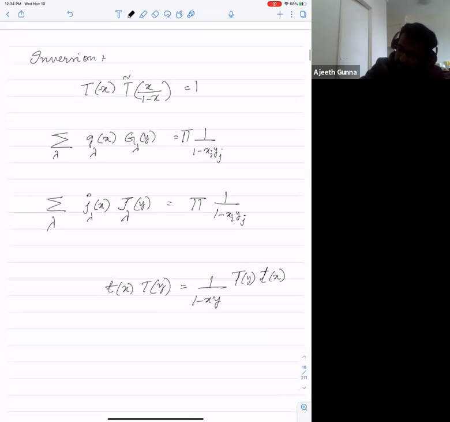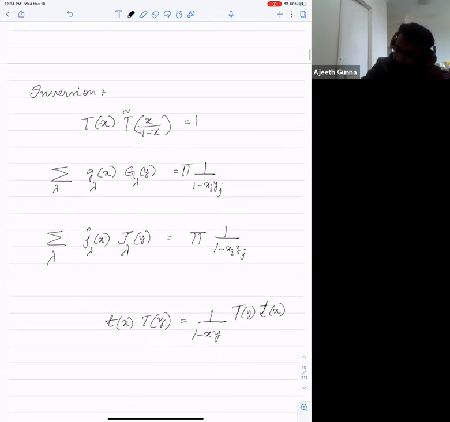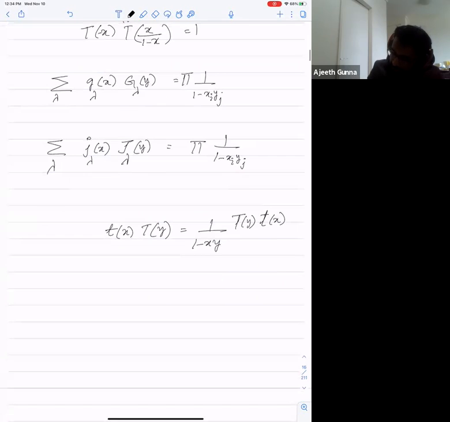Now, apply this inversion relation: just multiply with T tilde of x.